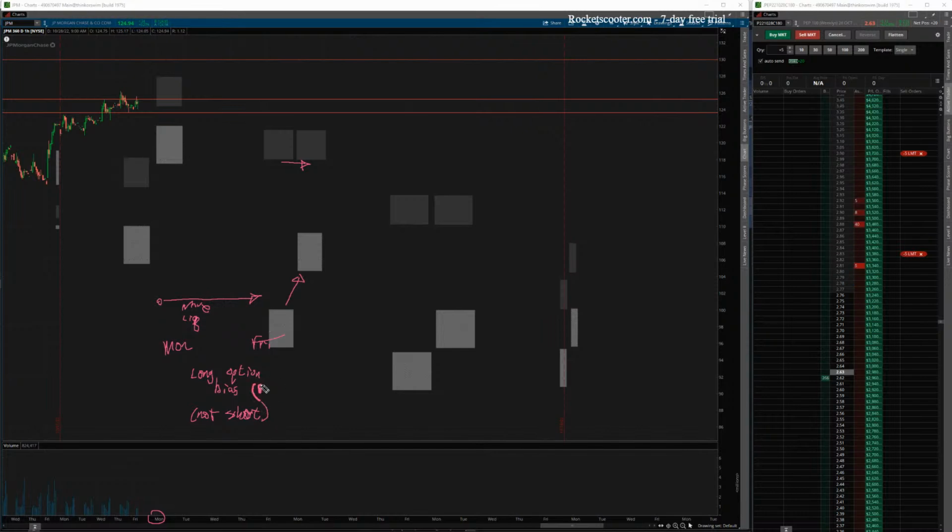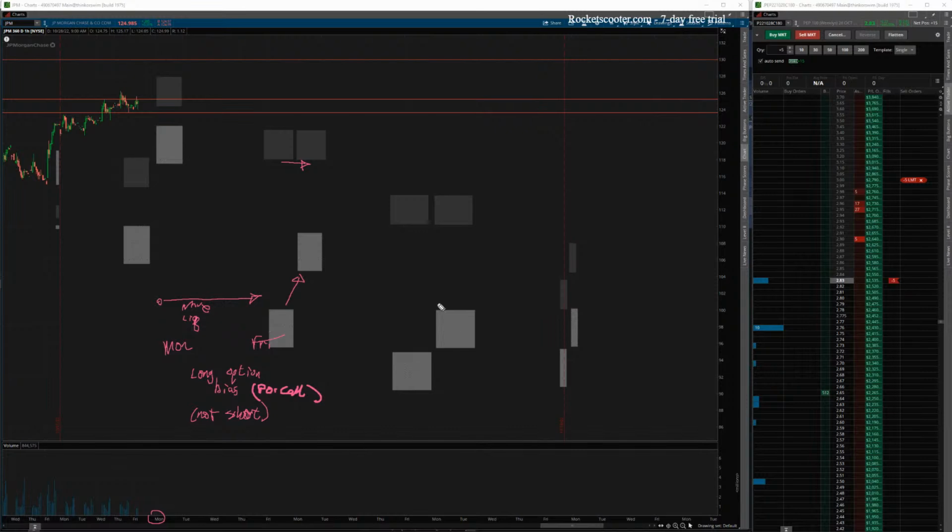That means longing puts or calls. Okay. So after this day, you can see that from here to here, you have another range of more liquid. So this strike is becoming more liquid, which is good.